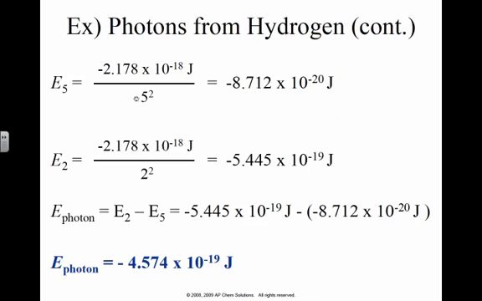So here I plug in the fifth energy level squared, take the Rydberg divided by that. That's how much energy that electron possesses in the fifth energy level. This is how much energy the electron is going to possess in the second energy level. If I subtract those two, I'm going to get negative 4.574 times 10 to the negative 19th joules. That's the amount of energy that that electron released, and that's why it's negative.